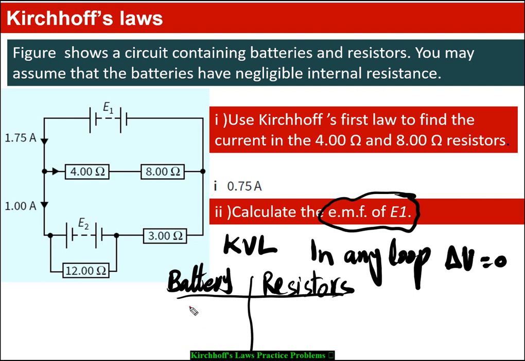Let's say this is our battery, this terminal is positive, this small one is negative. If we go from the positive terminal to the negative terminal, voltage will drop, so our EMF is minus.